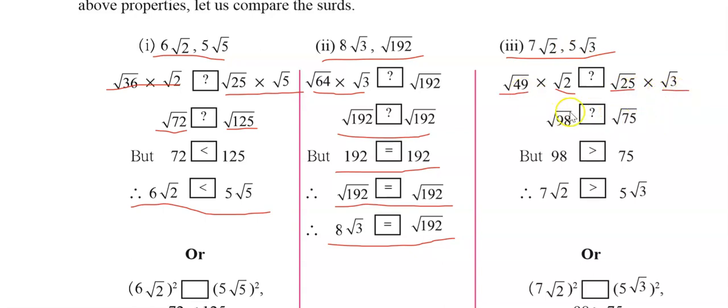Now we can write 49 into 2, that is 98, root of 98, and 25 into 3, which is 75, root of 75. Now in this case 98 is greater than 75, and that's why 7 root 2 is greater than 5 root 3. In this way we can compare the surds.